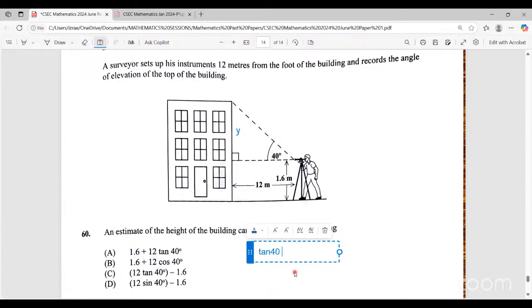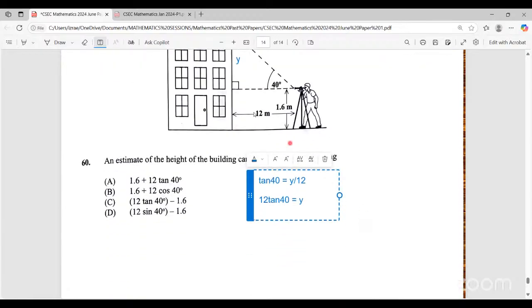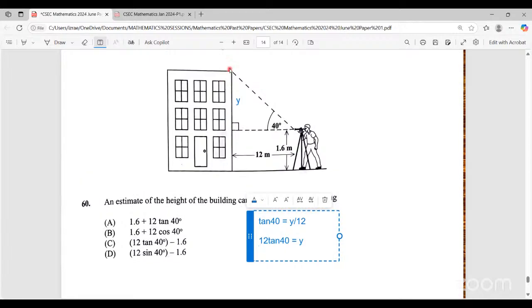So tan 40 is Y over 12. And Y will be what? Cross multiply 12 across to get 12 by tan 40 equals Y. And if you want the whole height, it'll be Y add 1.6. So let's call the whole height H. Whole height H will be what? 1.6 add Y, which is 12 tan 40. And what do you think that'll be? That'll be A, right?